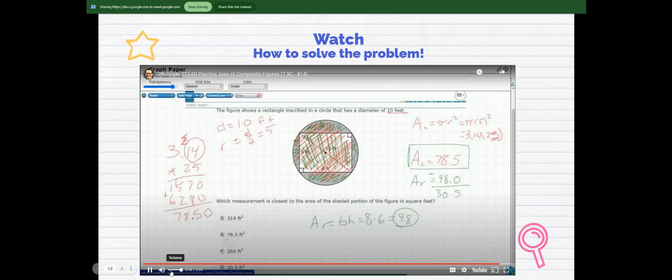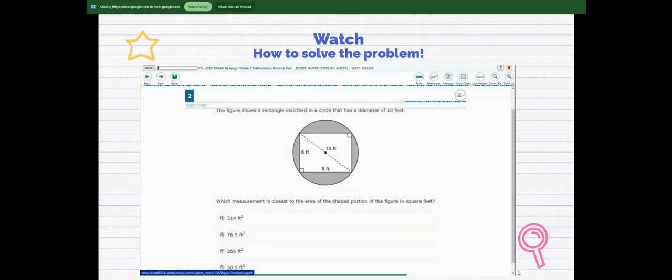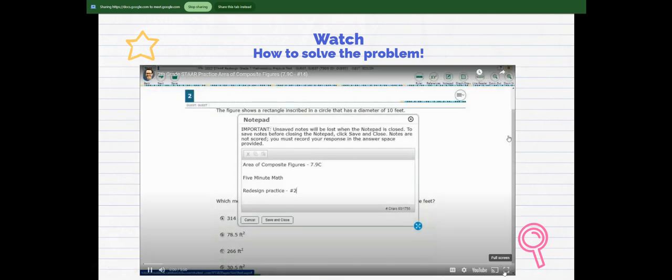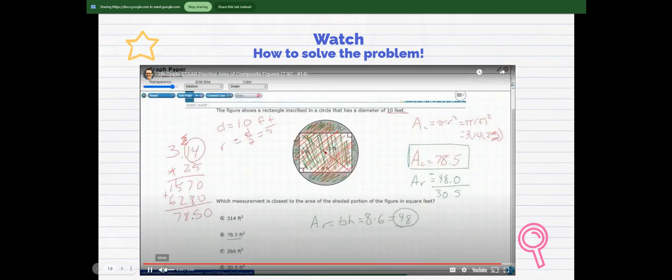78.5. That's if we just found the area of the circle on its own. They didn't give us a 48 as an option because that doesn't make much sense. Okay, so it looks like the answer is D. The final answer in this solution is 30.5.